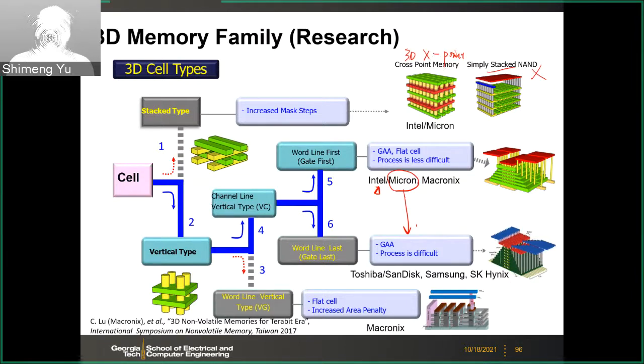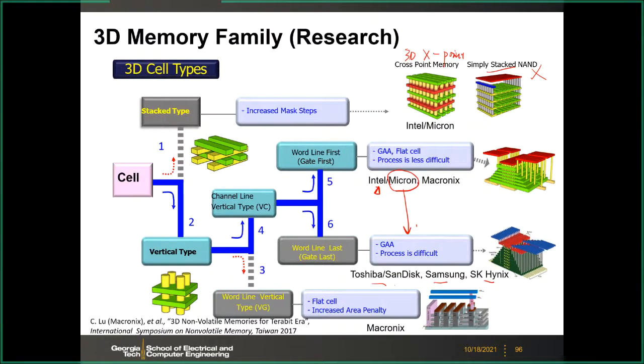Now all the major manufacturers, including Micron, like Samsung, SK Hynix, Toshiba, SanDisk, or Western Digital nowadays, I should say, they all use this gate last process. We will discuss it in a minute.